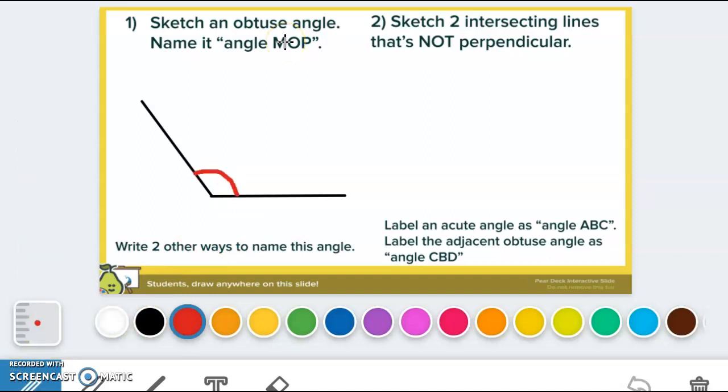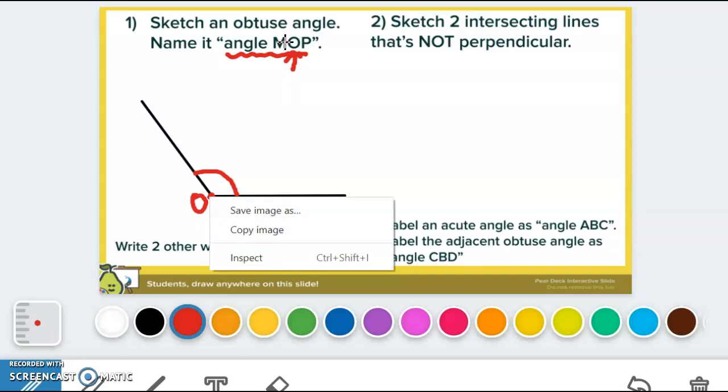And I need to name it angle MOP. M is a point on the line. O must be the vertex. Remember, the vertex is the middle letter. So letter O represents the vertex. And then P is going to be another point on the line.